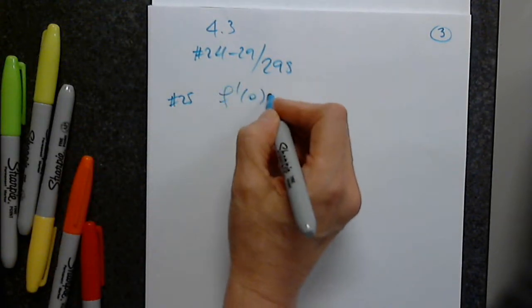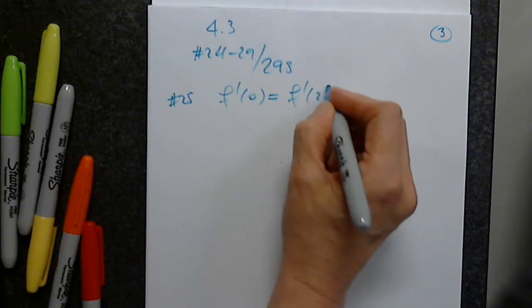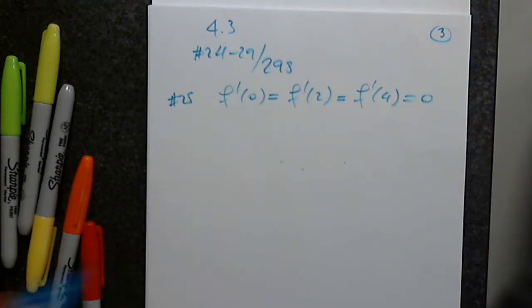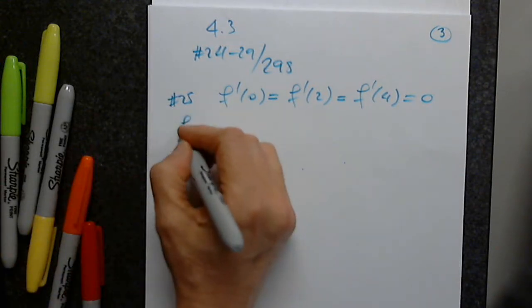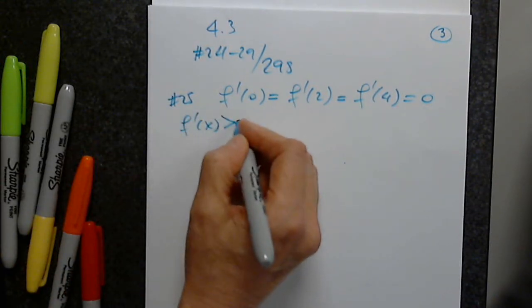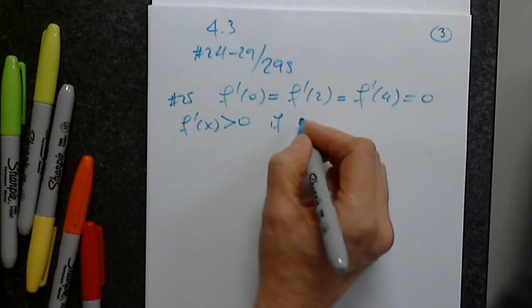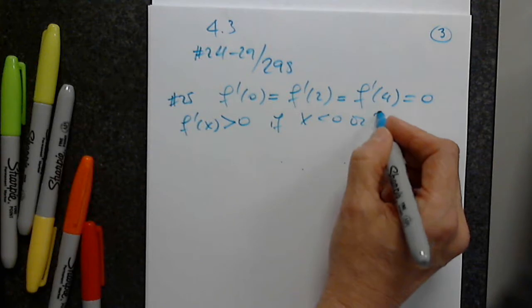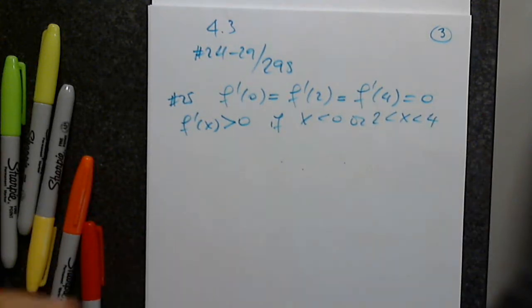So f prime of 0 equals f prime of 2 equals f prime of 4 equals 0. Then f prime of x is greater than 0 if x is less than 0 or x is between 2 and 4.